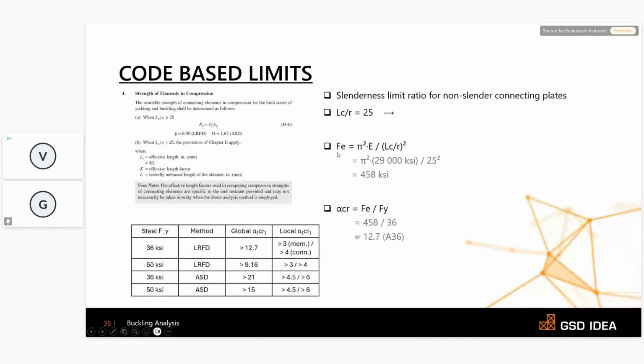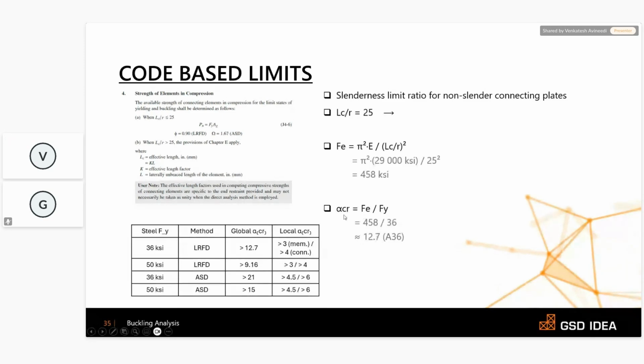And we know the Euler equation, Fe equals pi squared E divided by (Lc/r) squared. We substitute the constants like E for steel, and Lc/r is 25, and we get the Fe value. Alpha CR equals the ratio of Fe to the yield strength. For example, for 36 KSI, it was considered as Fe by 36, so 458 by 36, which is 12.7.